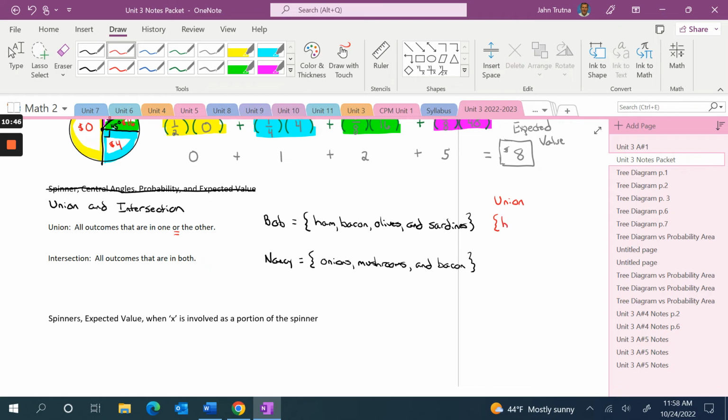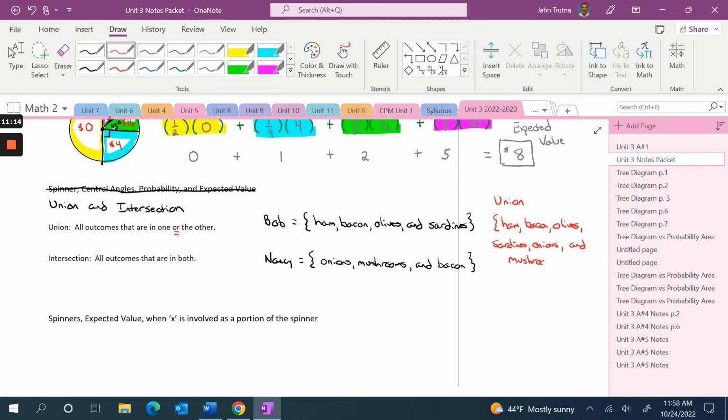So the union would be ham, bacon, olives, sardines, onions, and mushrooms.